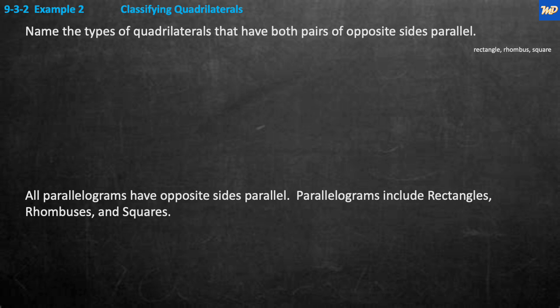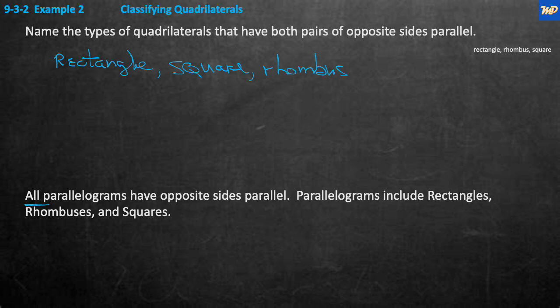Well, to name some, a rectangle, a square, a rhombus, okay, here's some of them. Name the types. There are more. As we go down here and look, all parallelograms, all is the key here. All parallelograms have opposite sides parallel.